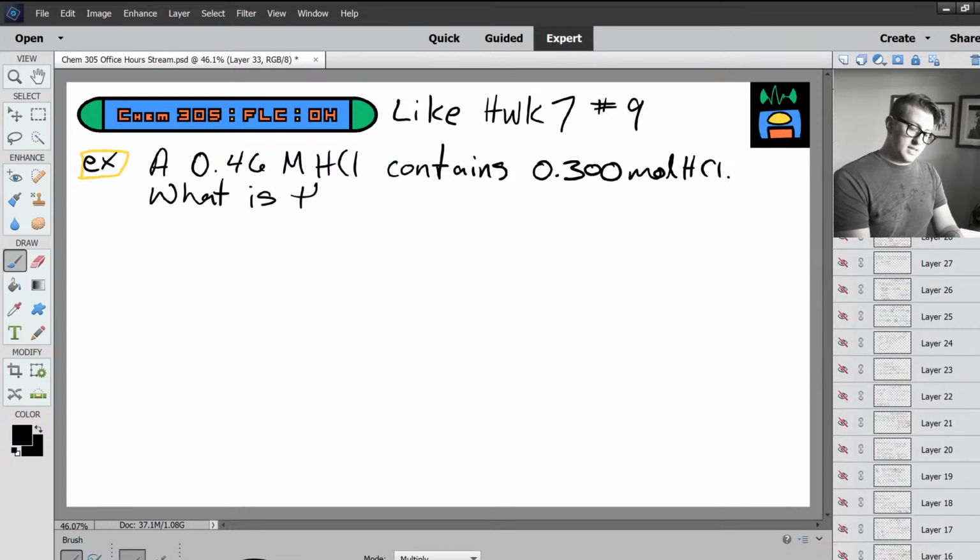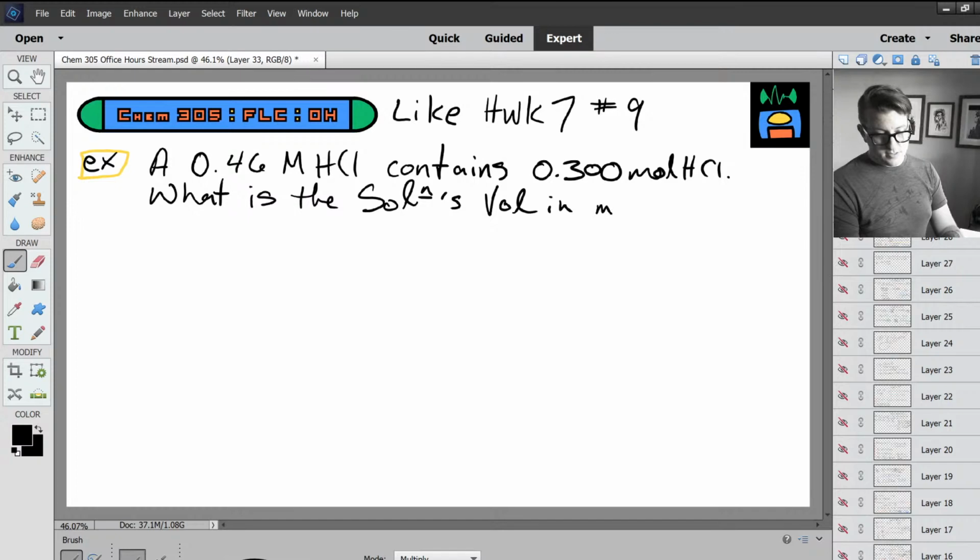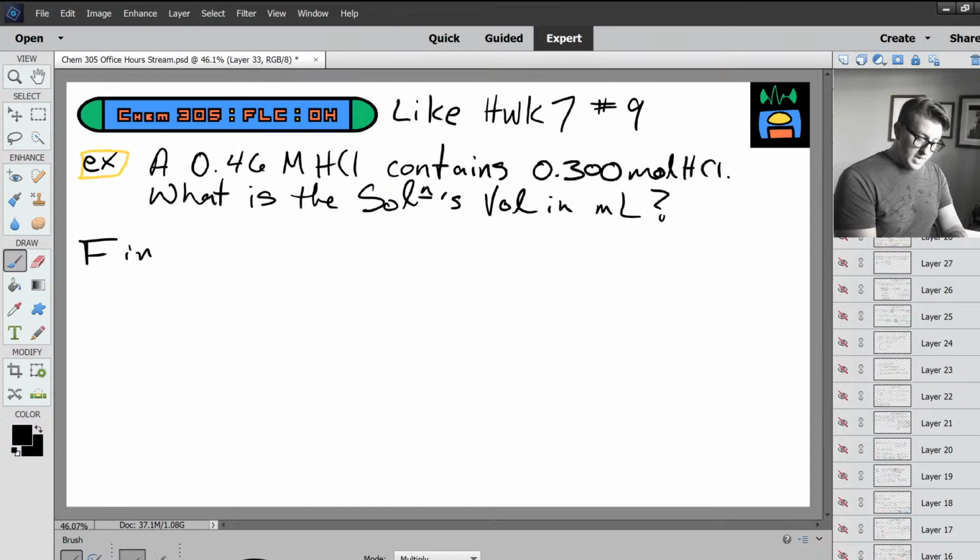What is the solution's volume in milliliters? All right, so first off, identify what you're trying to find. Right, we are after volume in milliliters.